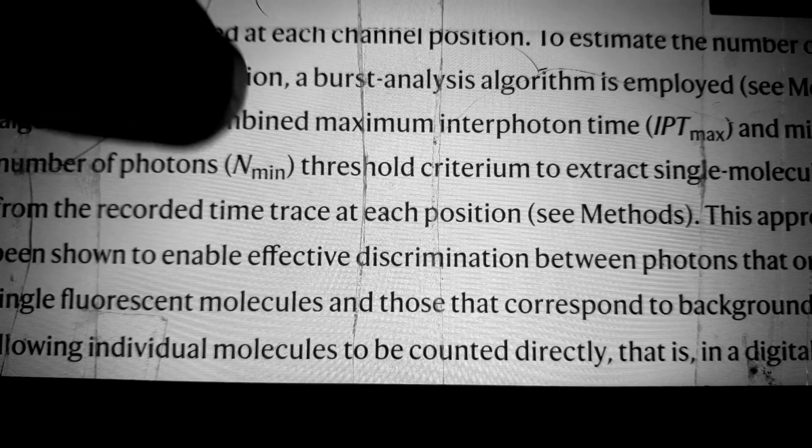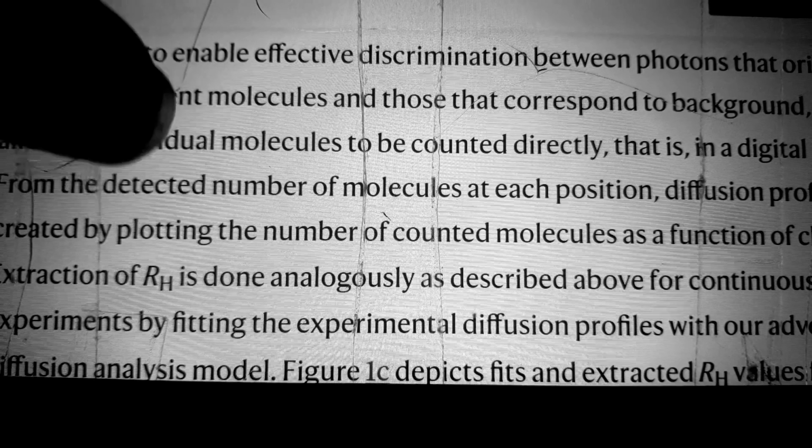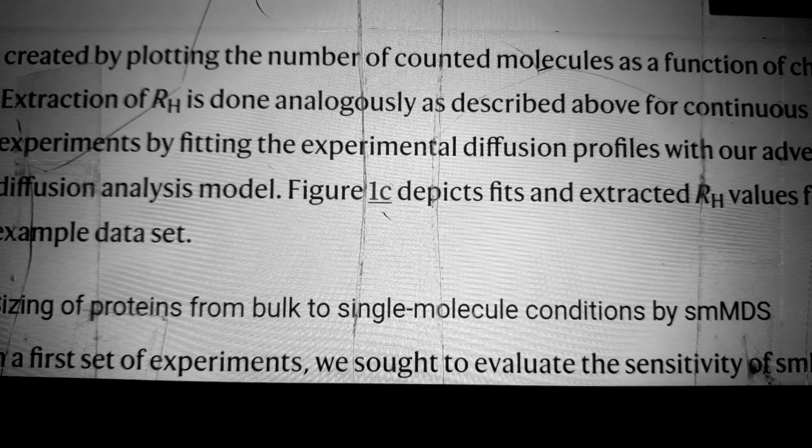This approach has been shown to enable effective discrimination between photons that originate from single fluorescent molecules and those that correspond to background, thus allowing individual molecules to be counted directly, that is, in a digital manner. From the detected number of molecules at each position, diffusion profiles are then created by plotting the number of counted molecules as a function of chip position.